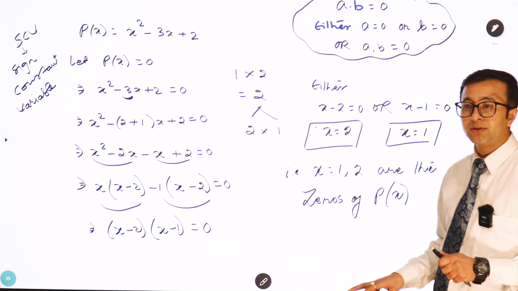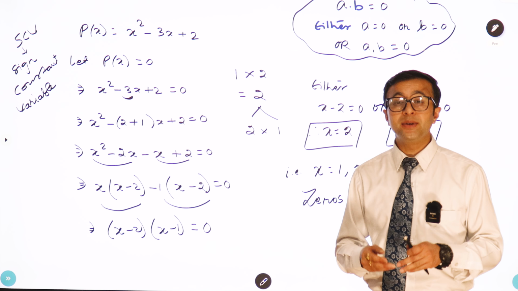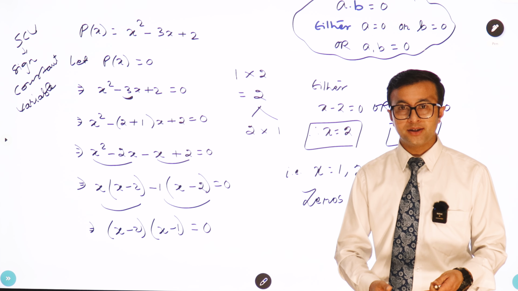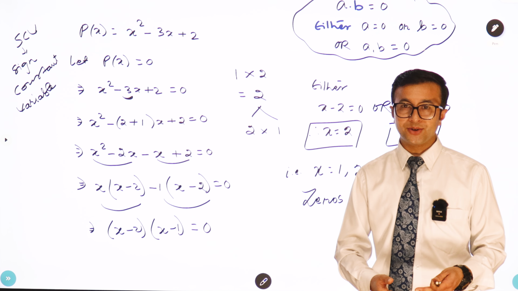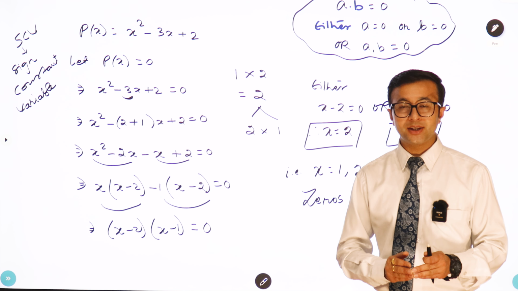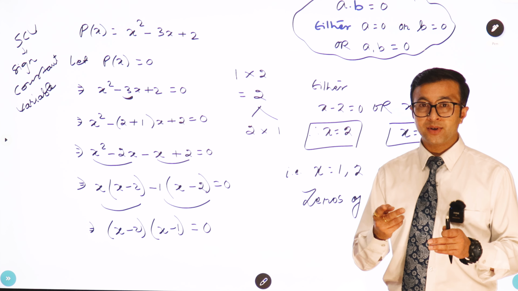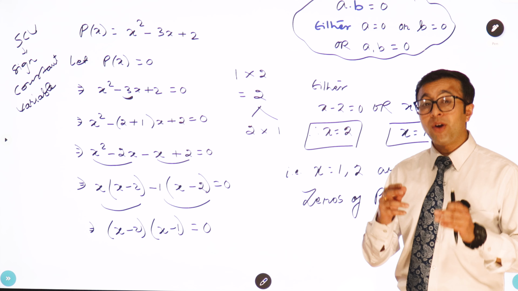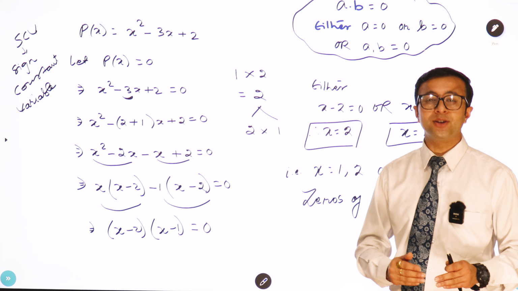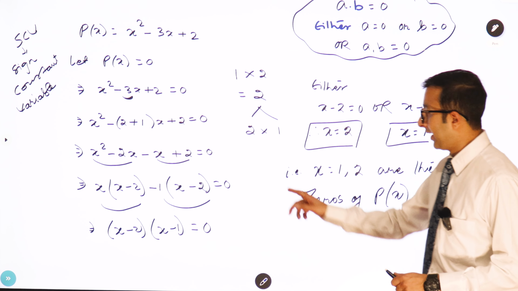I have just told you that if a root exists, that means if a real root exists. That should be clear to you, that every quadratic equation will have two roots. But under what condition we can get the real roots, we will discuss later.